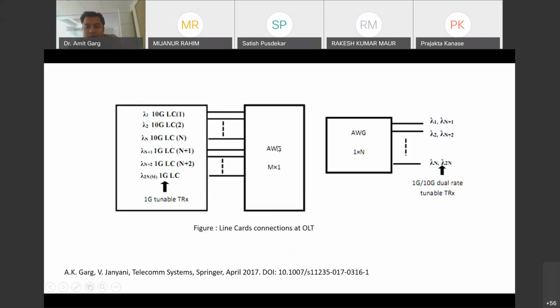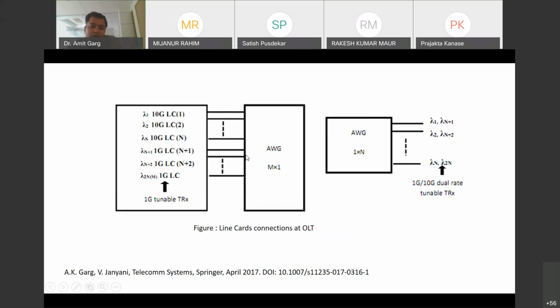We are using an 8 cross 1 AWG at the central office for multiplexing, and for demultiplexing at the remote node we are using an AWG of the order of 1 cross 4. I have also given you the idea about this. Now 8 wavelengths are coming, and we need to transmit these wavelengths to the 4 ports. So now what will happen? Lambda 1 will come at this point, lambda 2 will come at this point, similarly lambda 4 will come at this point. Let's say there are only 8.